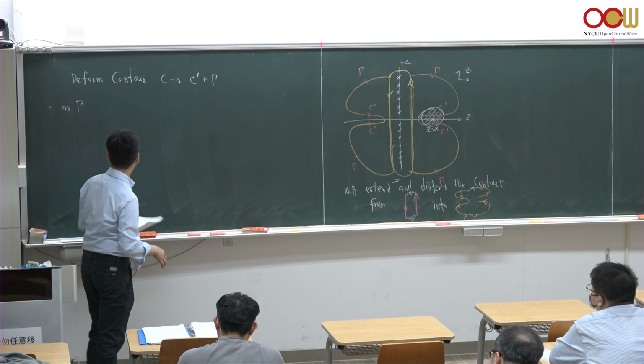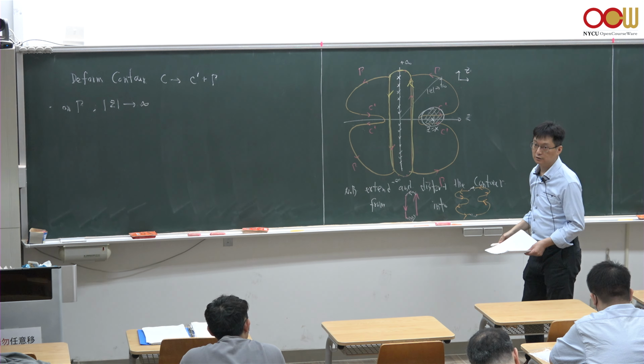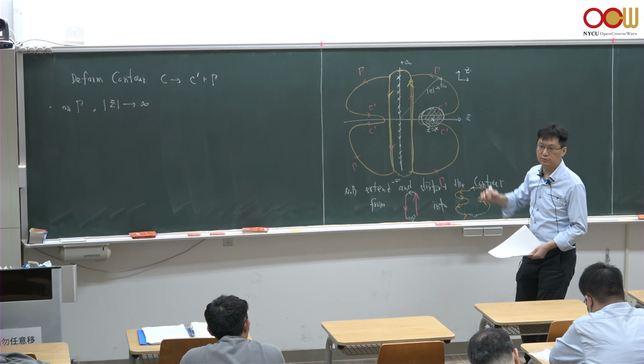First, on this contour gamma, which appears above or below the real axis, the magnitude of z goes to infinity because this place is really far away from the origin. So for any part of this gamma contour, the magnitude of z goes to infinity because this is very far away from the origin.